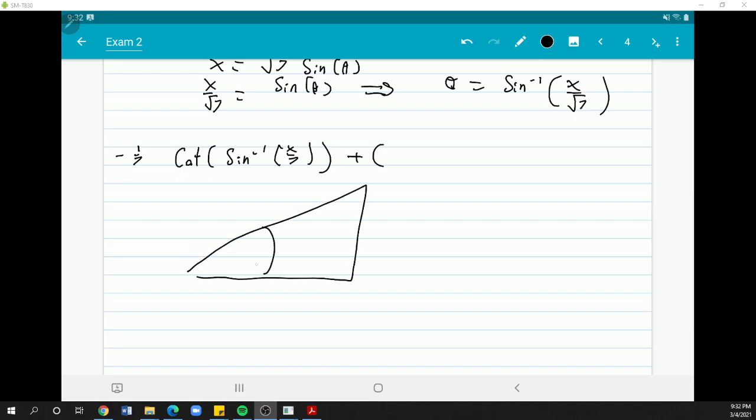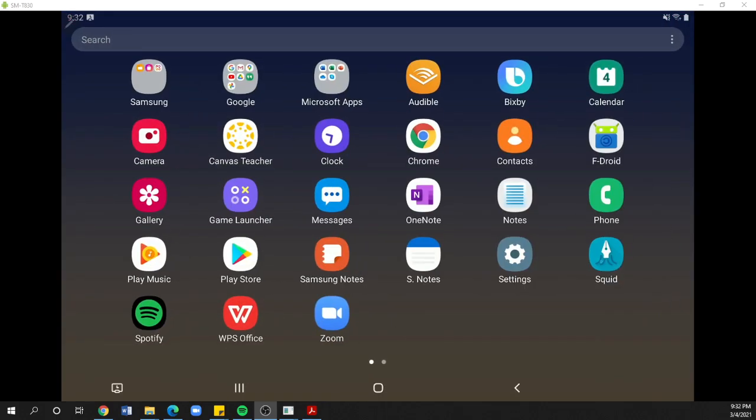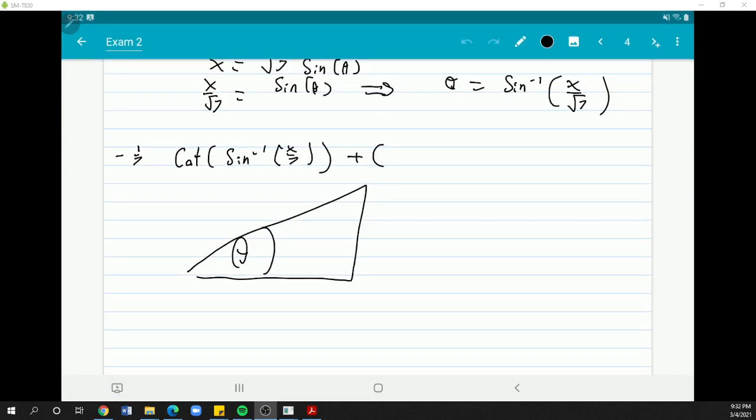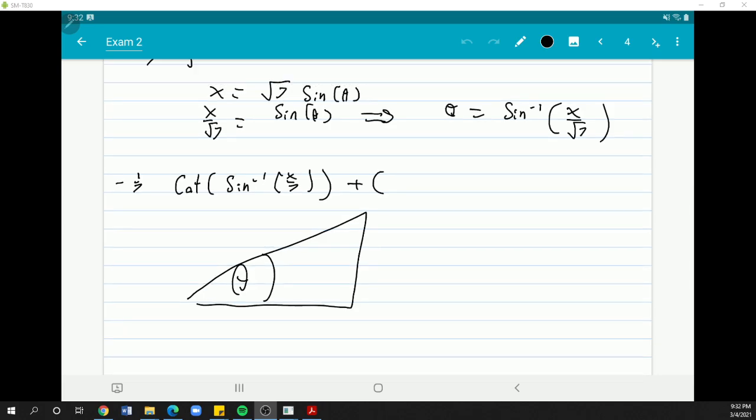Draw our triangle. Here's theta. Sine of theta being x over root 7 says the opposite is x and the hypotenuse is the square root of 7.